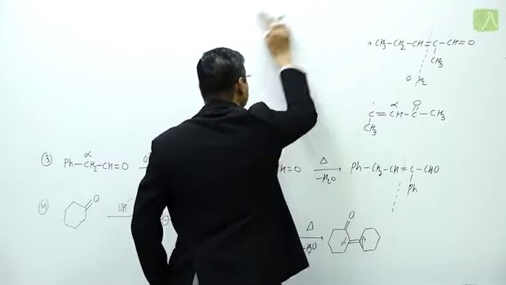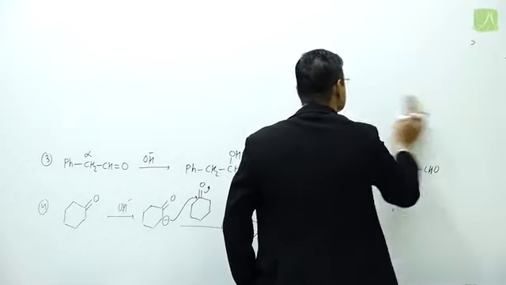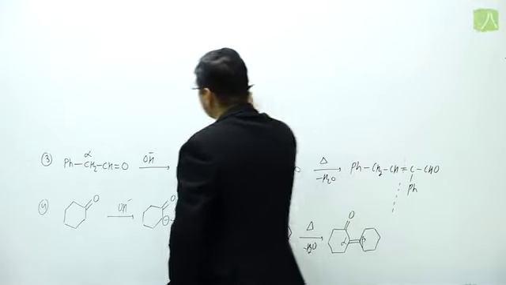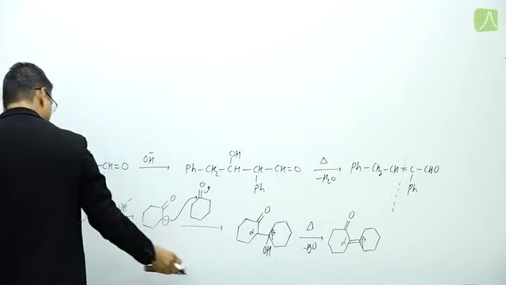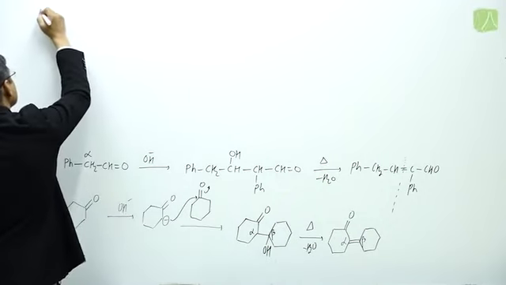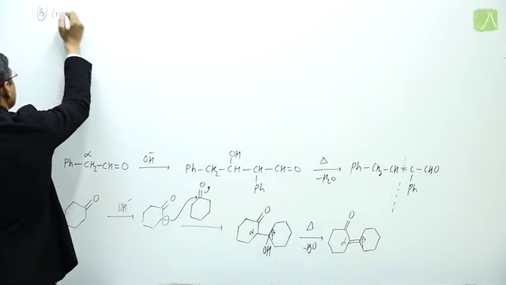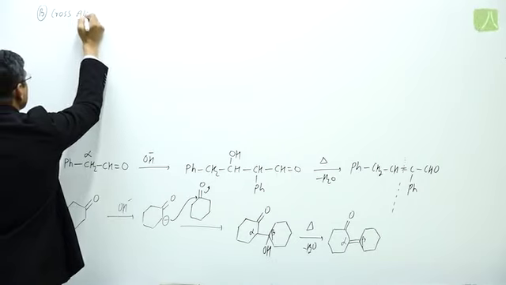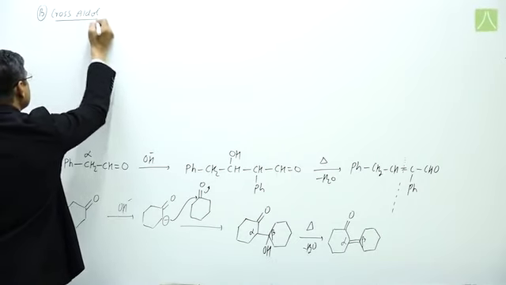If I take 2 different carbonyl compounds, then the reaction is known as cross-aldol reaction. So in B, I take the cross-aldol.